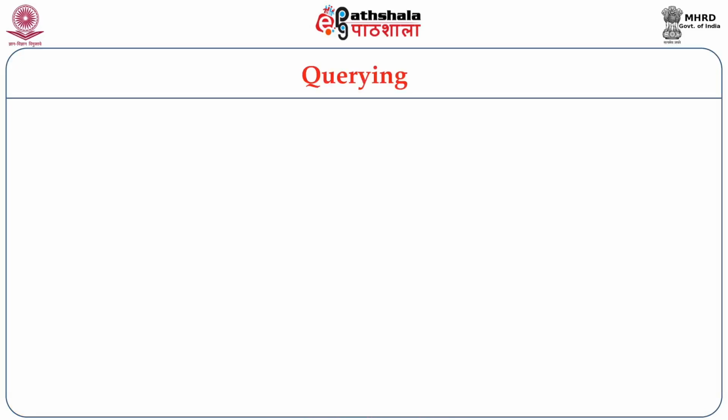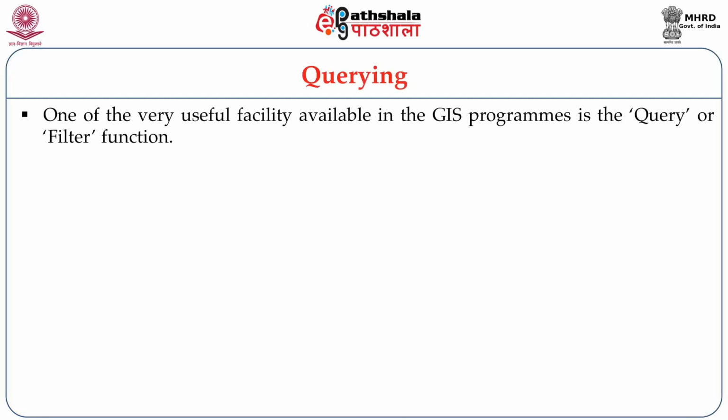And another advantageous feature with the GIS data is the querying facility. Querying facility is the facility to raise queries or inquire about a particular feature or data or process. So one of the very useful facilities is this querying facility, which is also known as a filter function.